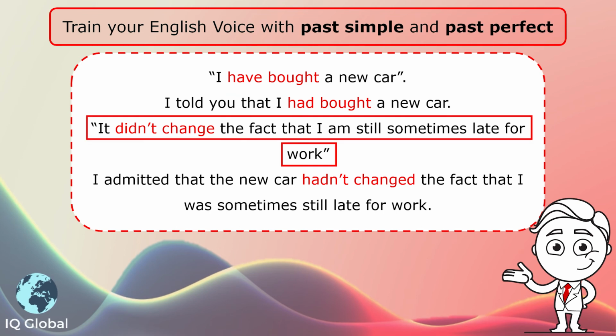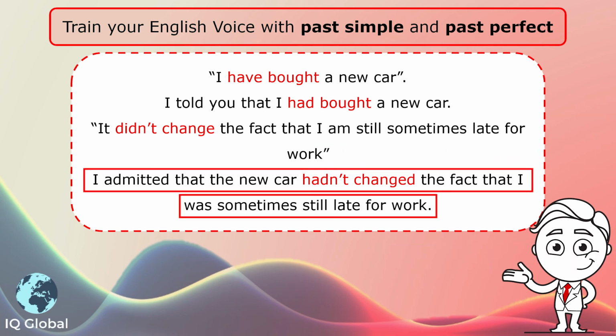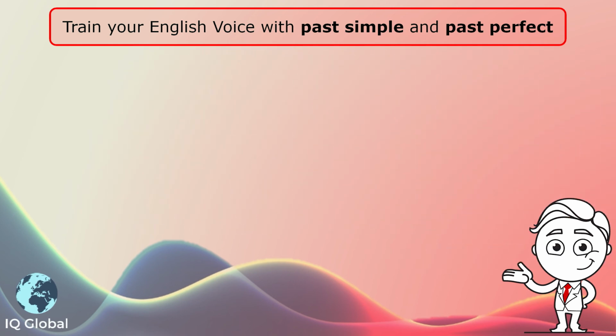It didn't change the fact that I'm still sometimes late for work. Didn't change is the past simple. I admitted that the new car hadn't changed, the past perfect, the fact that I was sometimes still late for work. And that's how we use the past simple and the past perfect.